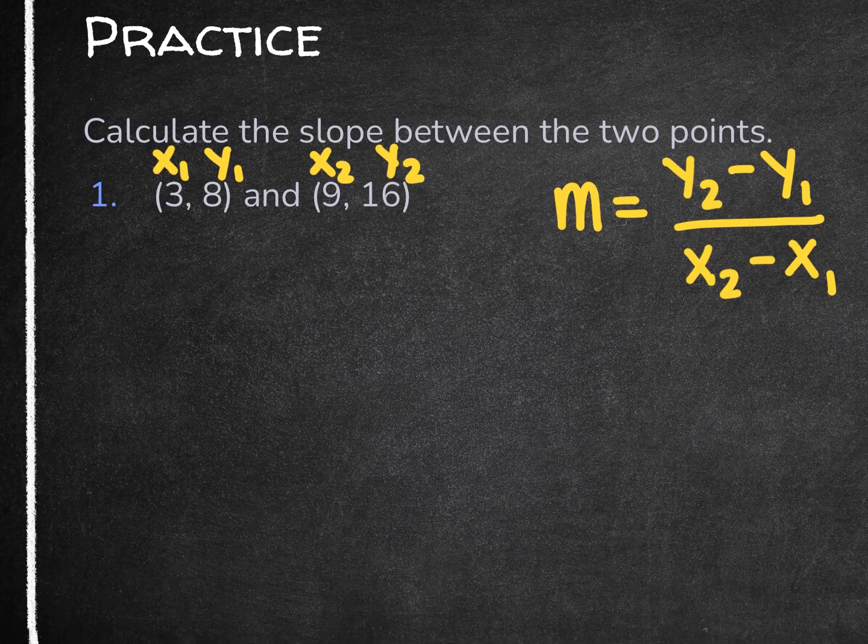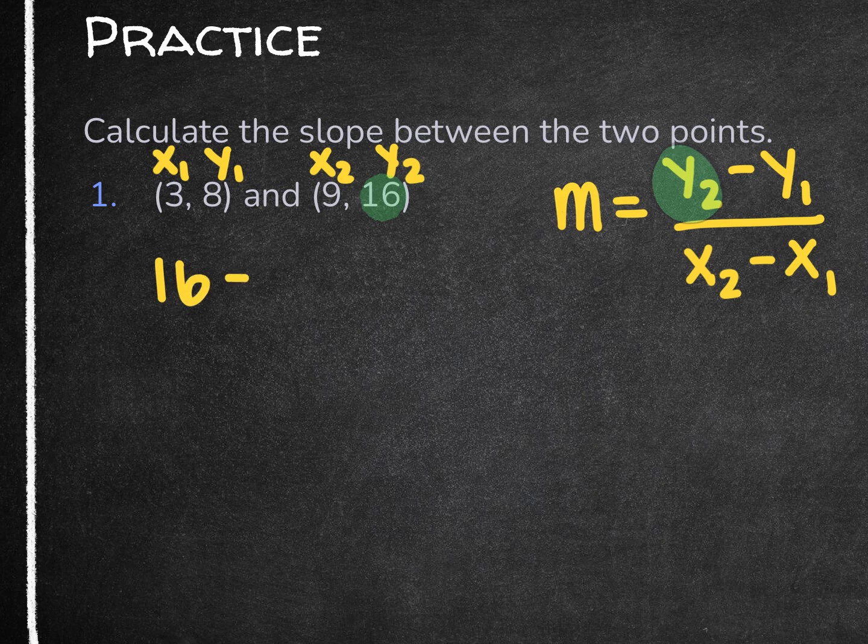So my y2 that I have over here, and my y2 I have right here from my point, I'm going to take that 16 from my point and I'm going to plug it into my formula. So instead of y2, I have the number 16.